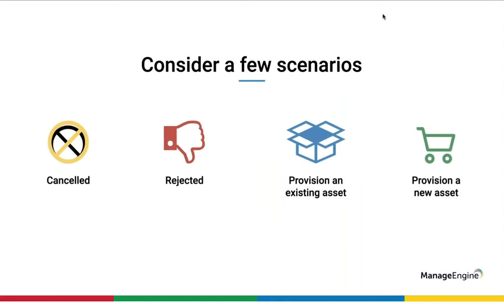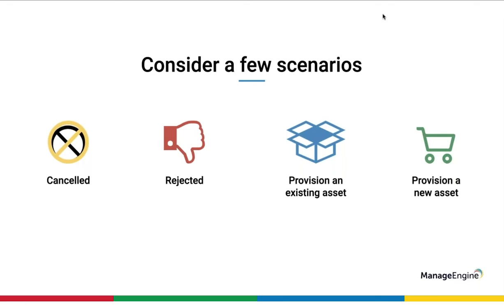Let us consider a few scenarios where the standard straightforward request can take a deviation. The first situation, a request getting canceled. The original requester cancels the request. The second situation, his manager or the level 1 approver rejects the request. So that is the second situation. All right.